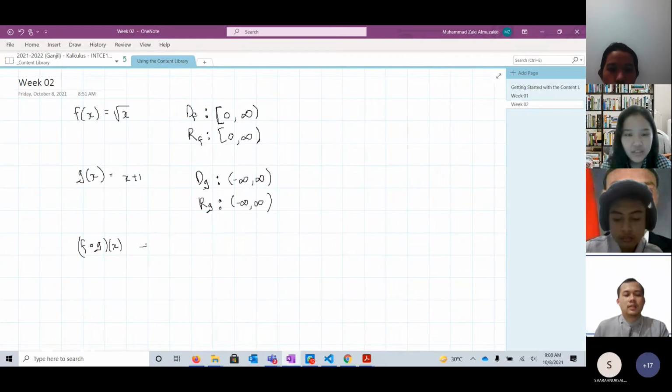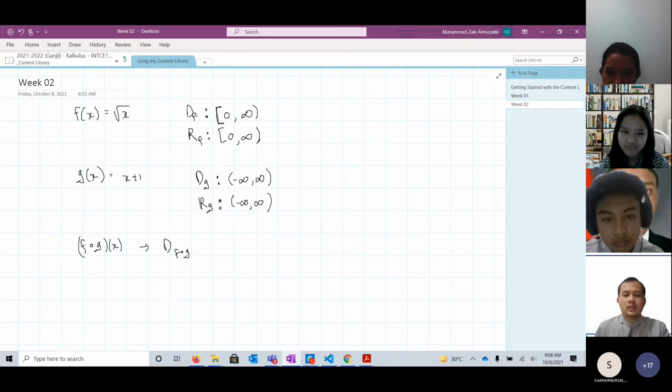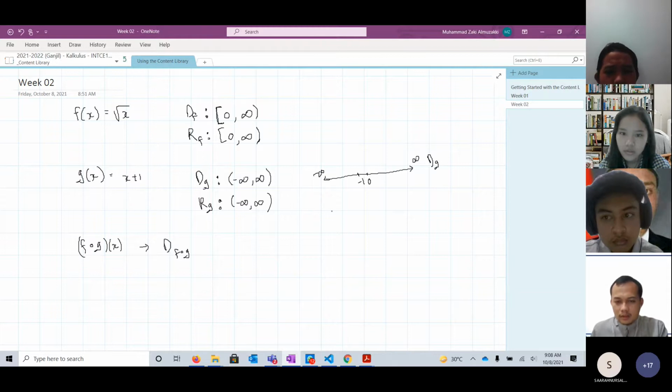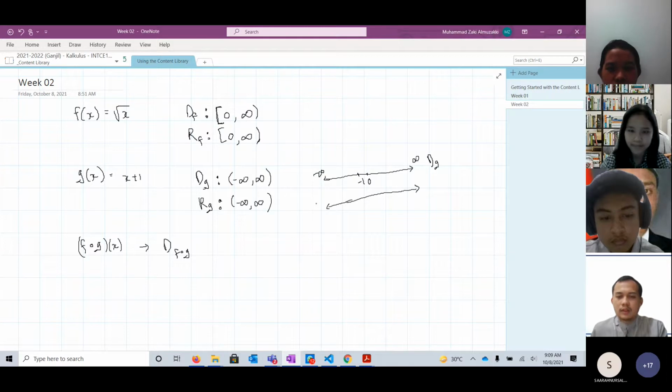Then in this case, the domain of f composed with g is basically, okay, let's take a look at this. The domain of g is from minus infinity to infinity. Let's say this is 0 and this is minus 1. This is the domain of g. And the range of g is also from minus infinity to infinity.